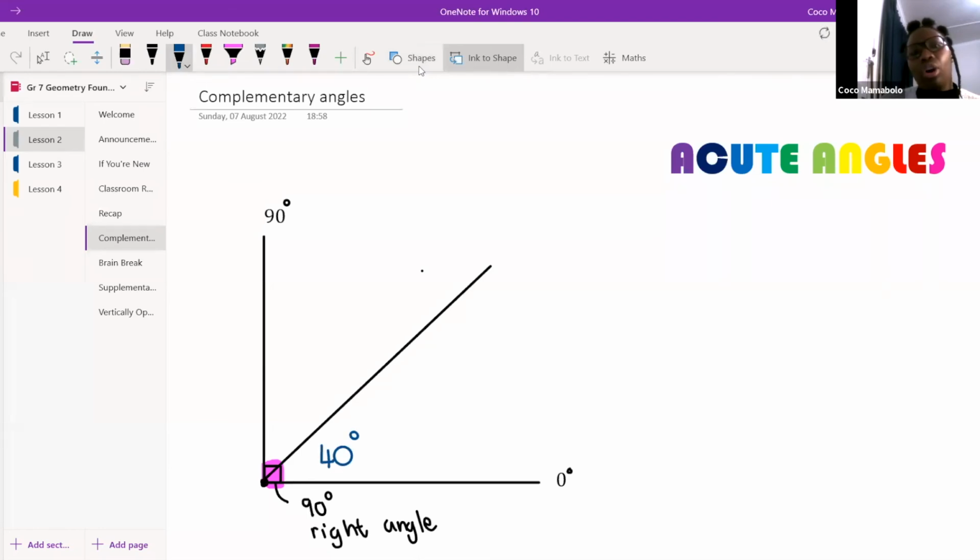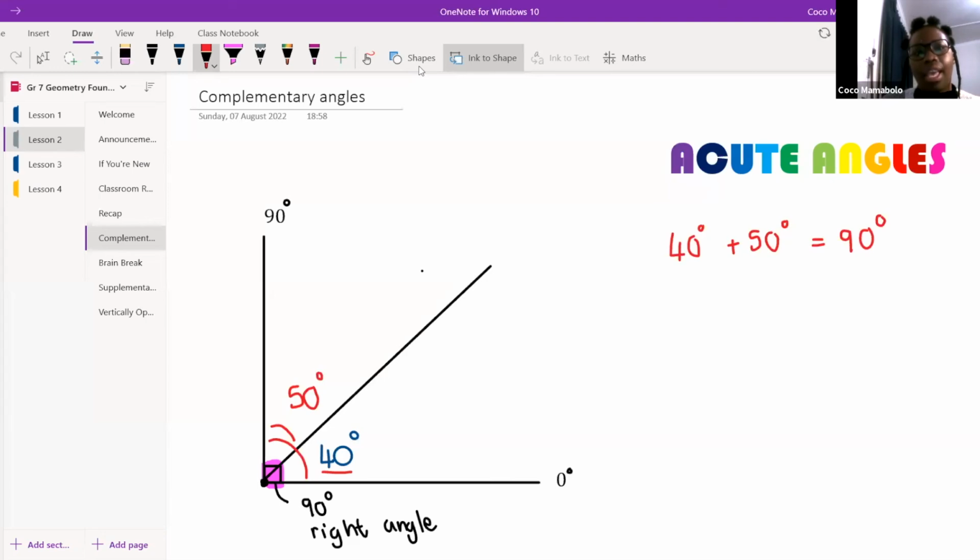Now, I know that from here all the way to there is 90 degrees. If I only have 40 degrees, that tells me that this side over here is going to be equal to 50 degrees. So I can write an equation: 40 degrees plus 50 degrees is equal to 90 degrees.